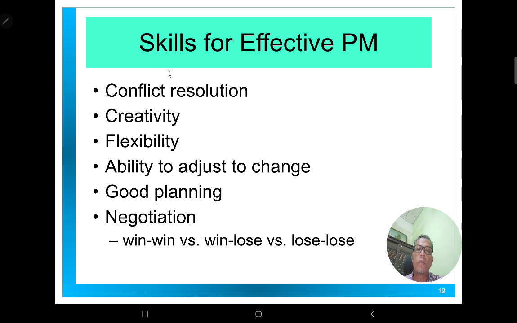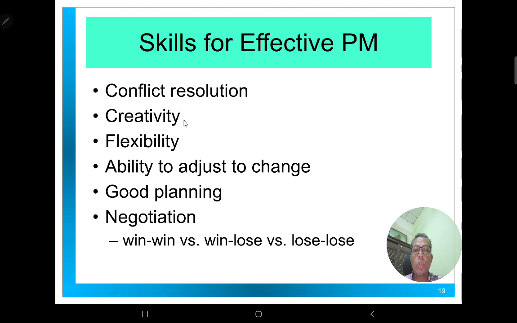It involves a number of technologies. It involves lots of complication. So it is very important for the project manager to be able to resolve some of the conflict which will occur during the implementation of the project.